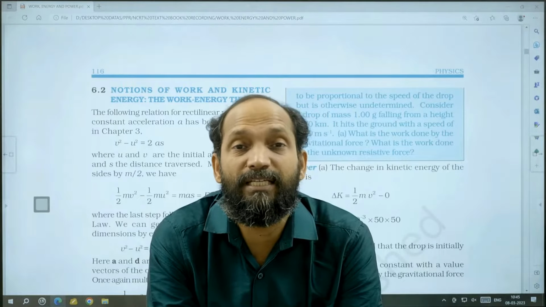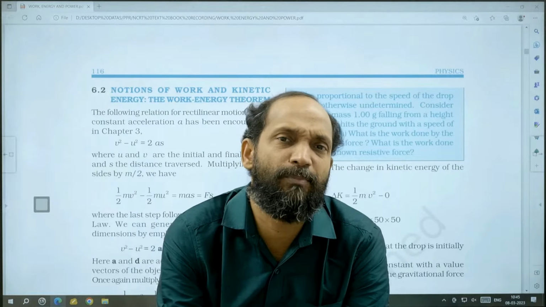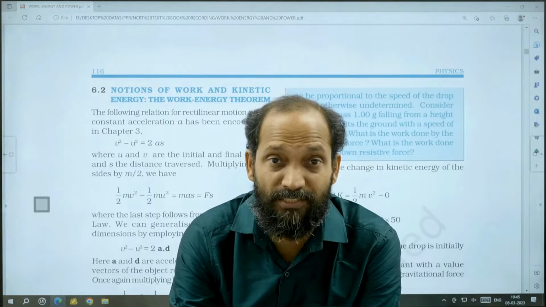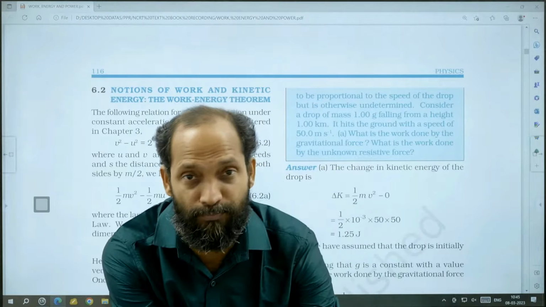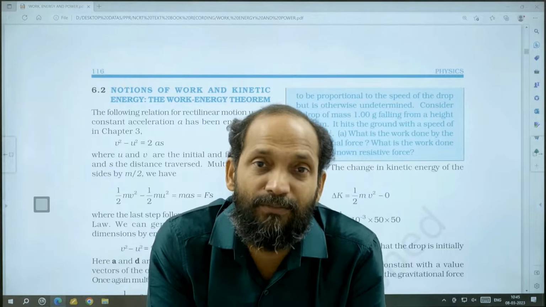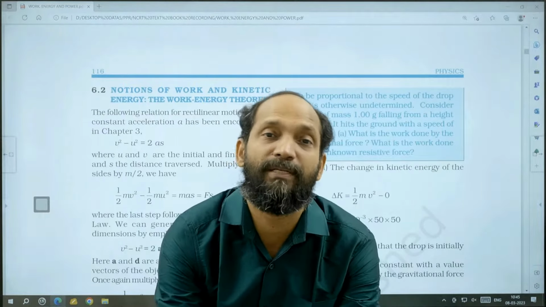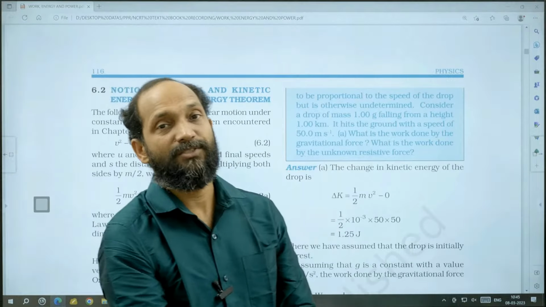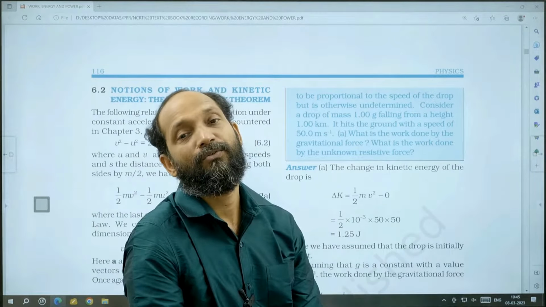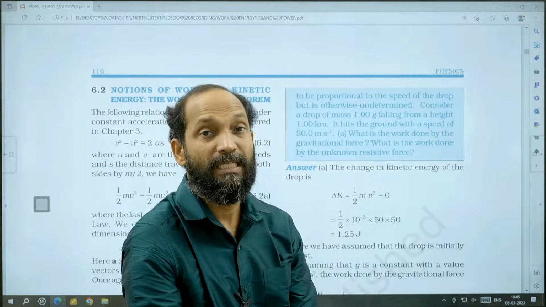Work done by conservative forces does not depend on the path followed. It only depends on the initial position and final position. Friction is a non-conservative force because it does path dependent work. Air resistance, viscous force and frictional forces all do path dependent work.